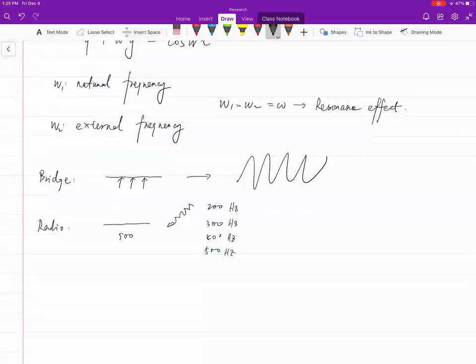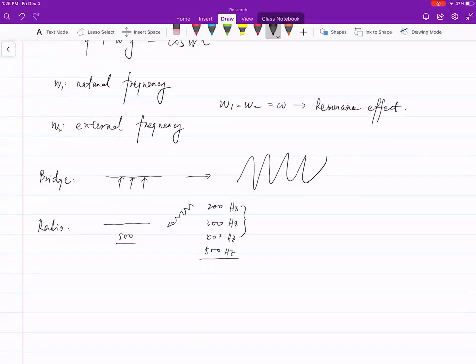And they all merge into one small wave. And then they send it to your radio, and your radio receives that. Then, because your built-in frequency is 500, this one is going to amplify what happens with the station that has 500 hertz. But this one will not pick up these three because they have different frequencies.